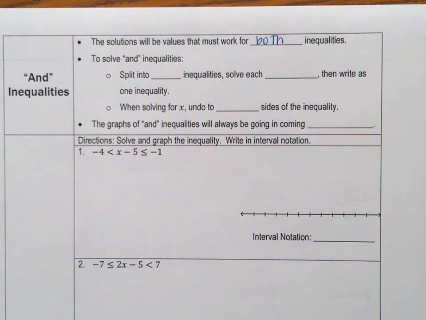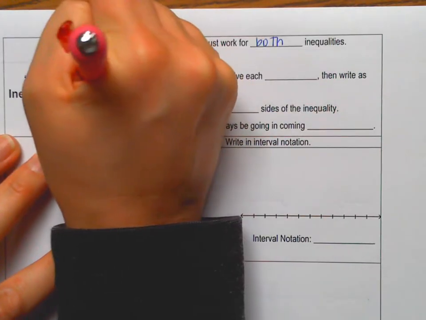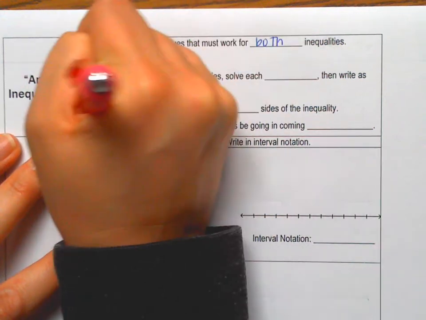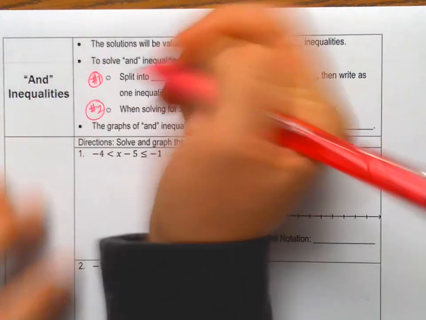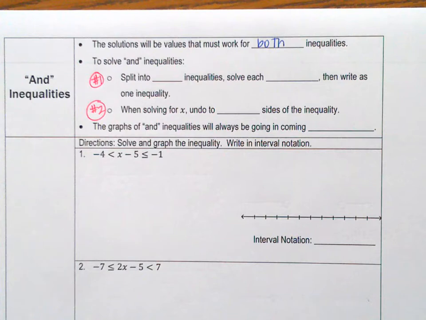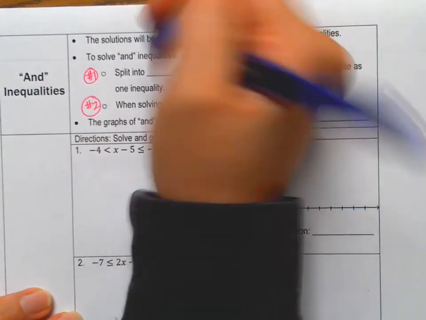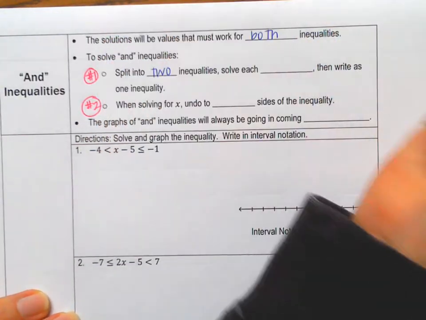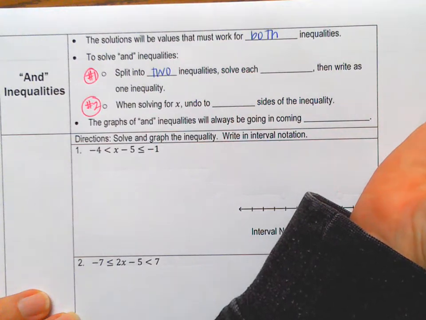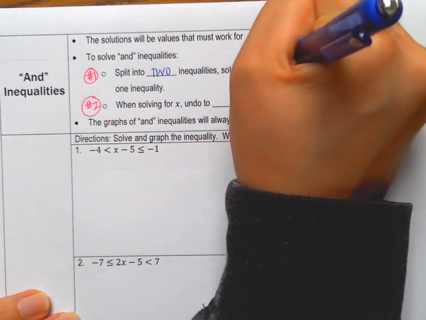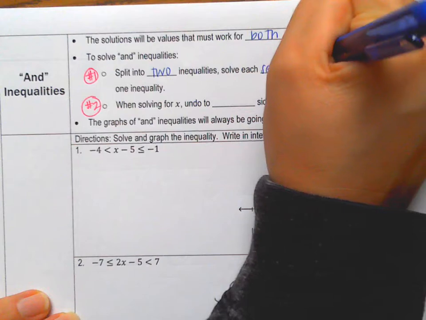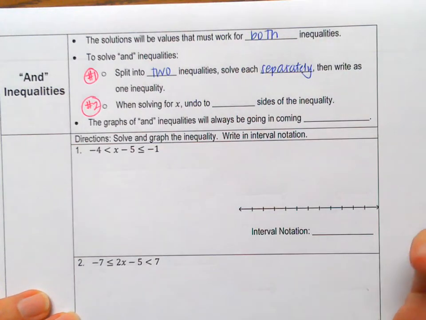To solve AND inequalities, you have 2 different methods of solving them. So I'll show you both. This will be method number 1, and this will be method number 2. The first method, you can split it into 2 inequalities, solve each inequality separately, then write as one inequality.